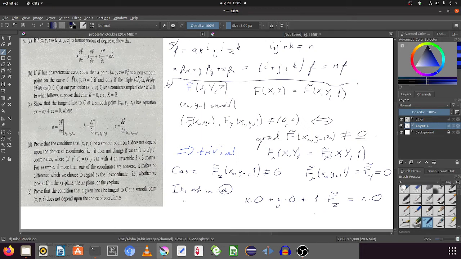So the question was, where did I go wrong in the counterexample? Where do we use the fact that the characteristic is 0?